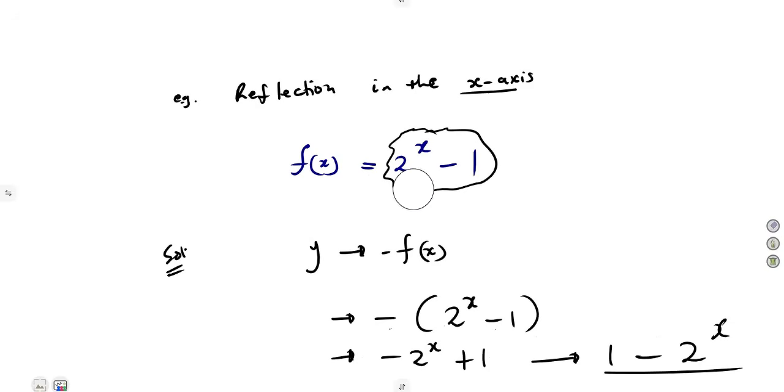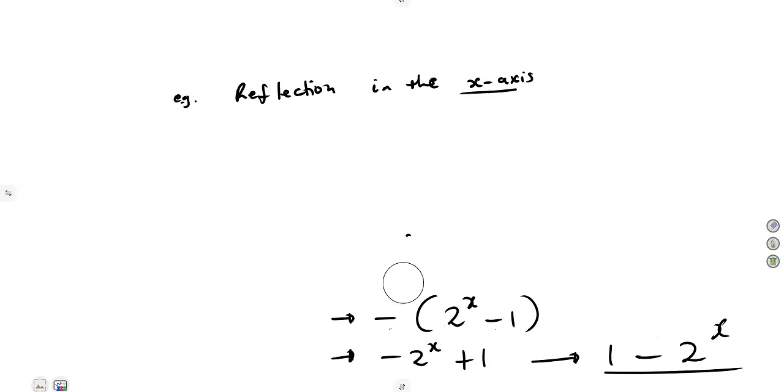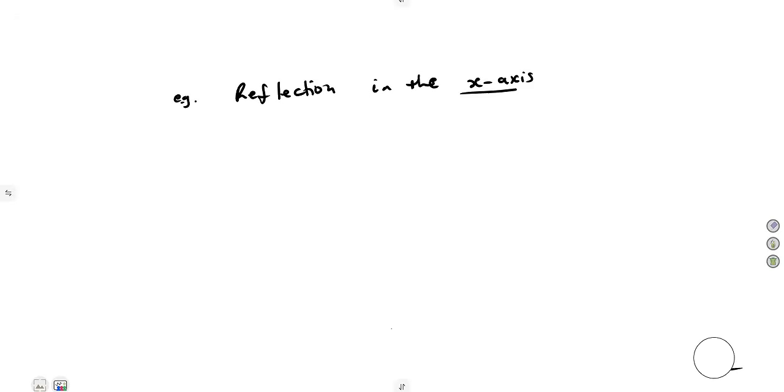All right, let's consider another part. In the y-axis, we can also have conditions. So in the y-axis, remember the effect that we are going to have for the given function and for the points.